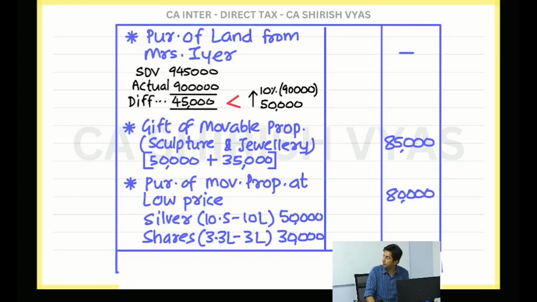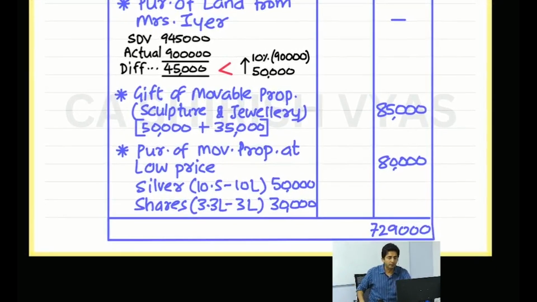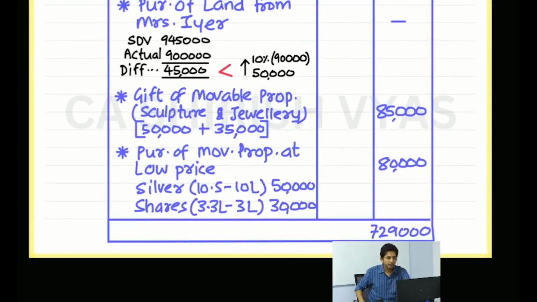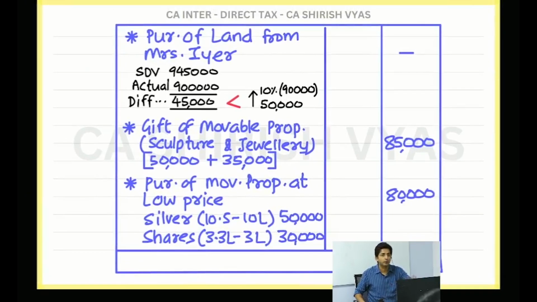So purchase of movable property at low price, then silver and shares. Done, total up now. What is the total? 7 lakhs 29,000. I hope you can see the total now. Against the total, what will you write? Taxable, income from other sources.